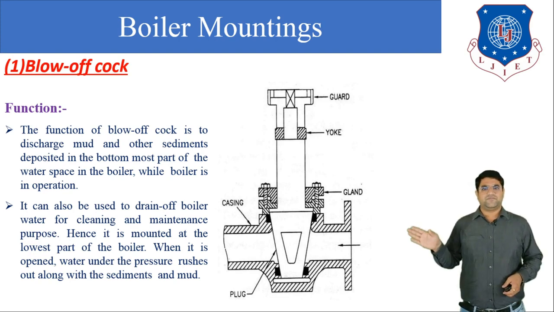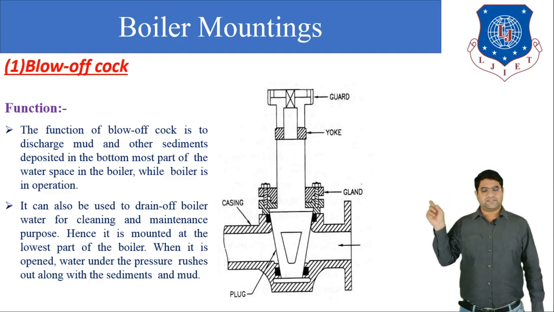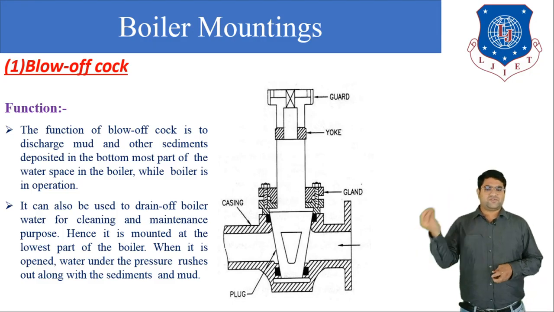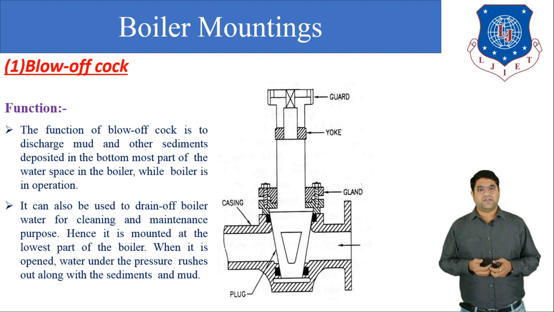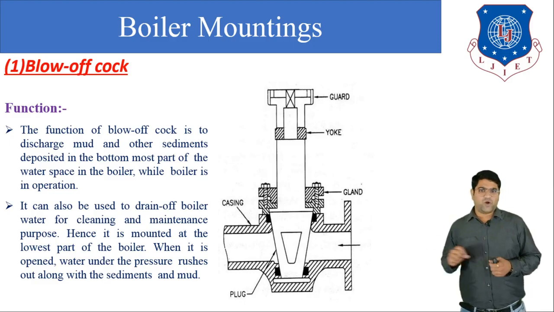Now here you can see the figure. At the head there is one guard, next is the yoke, then the gland, and at the bottom you can see one plug. So these are the components of the blow off cock. The blow off cock is fitted to the boiler shell at the bottom level.